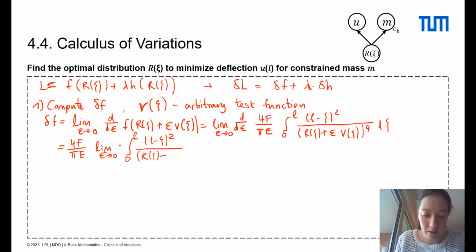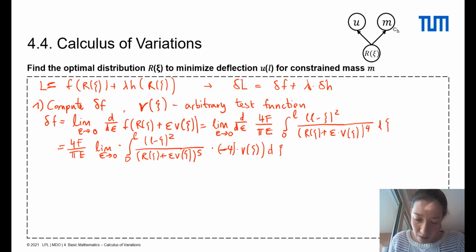This xi becomes to the power of 5 because we built the derivative. And then we got minus 4 from here, and also the v of xi from the chain rule, so deriving this by epsilon. So we got times minus 4 times v of xi d xi. Perfect.